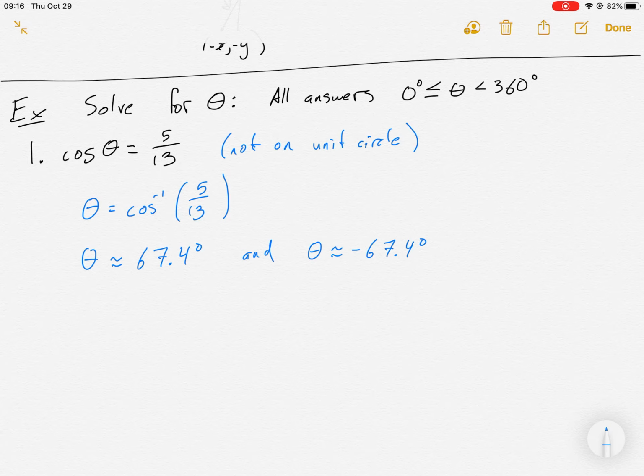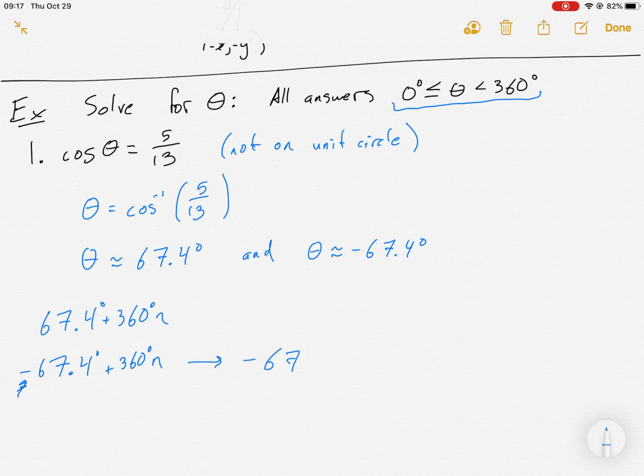So if we were trying to find all solutions, we would say, well, the answer is 67.4 degrees plus 360n, and then also negative 67.4 degrees plus 360n. But I want the answer to be between 0 and 360, and this negative here is not between 0 and 360. So what I'm going to do is I'm just going to add 360 degrees to this to get a coterminal angle.